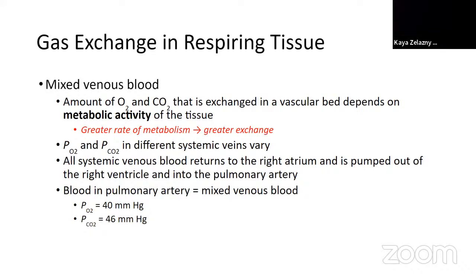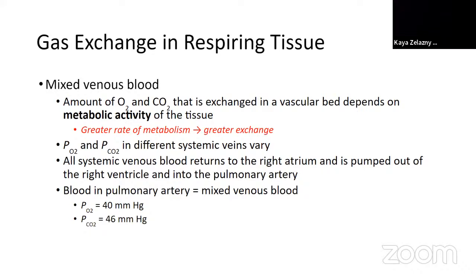So in our mixed venous blood, so that blood returning to the heart, the amount of oxygen and carbon dioxide will depend on the metabolic activity of the tissue. So if there's more metabolism happening, there's going to be greater exchange, right? Because all we're doing is coming to equilibrium with whatever the partial pressures are in that specific tissue.